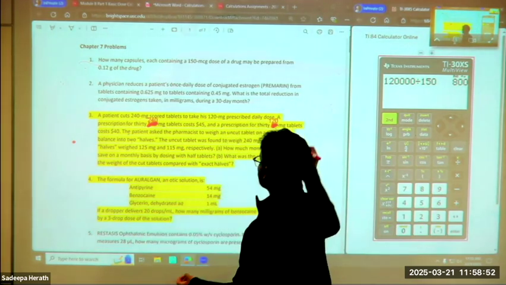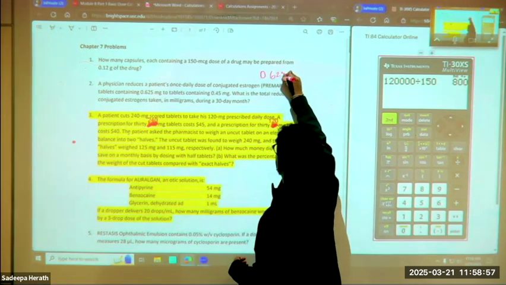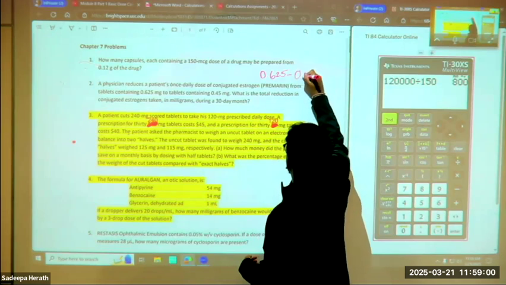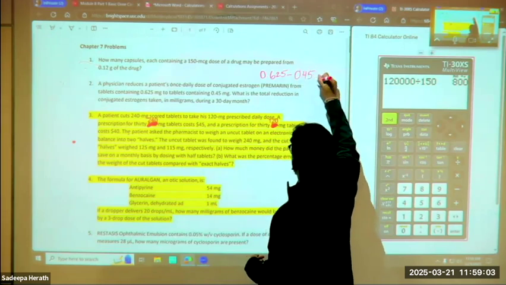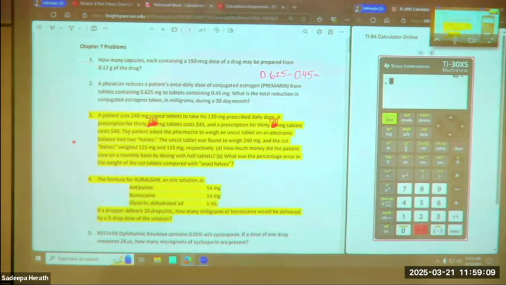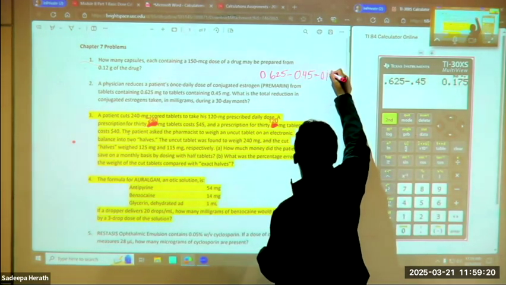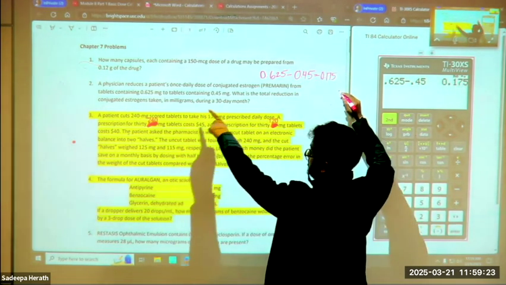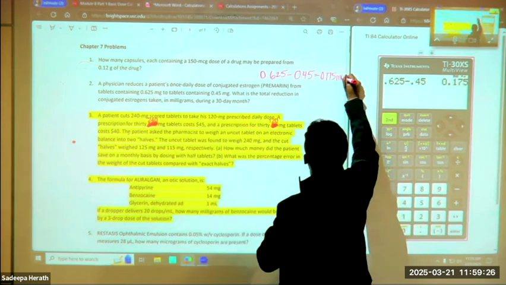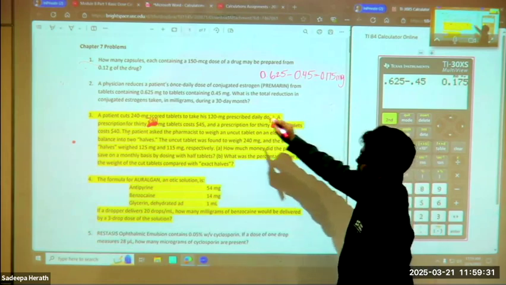That's just simple subtraction. 0.625 minus 0.45 equals, let's type that out, 0.625 minus 0.45, 0.175. That's in milligrams. Okay, so that's per day.